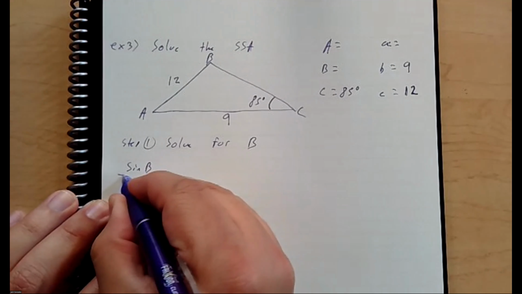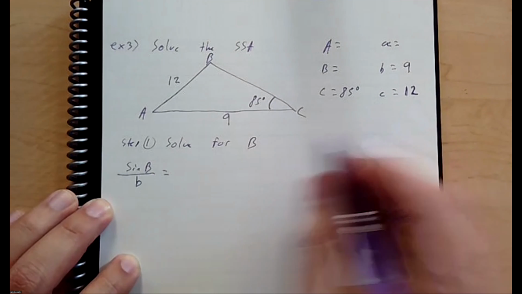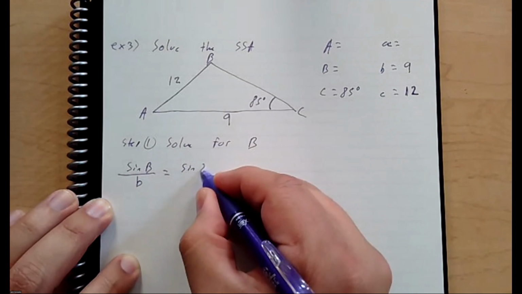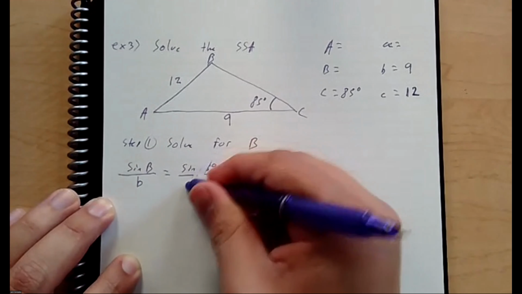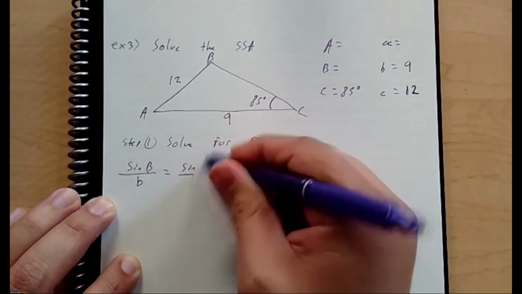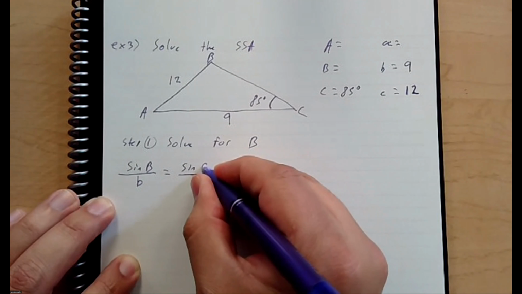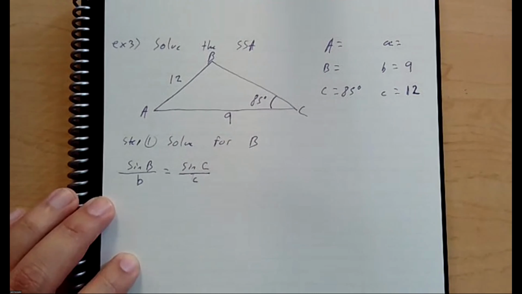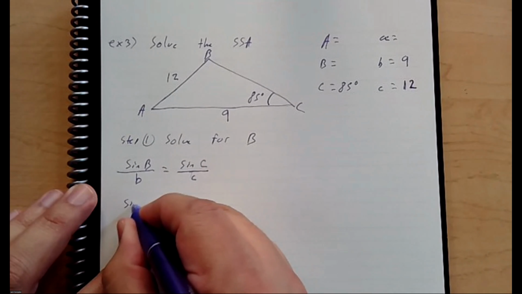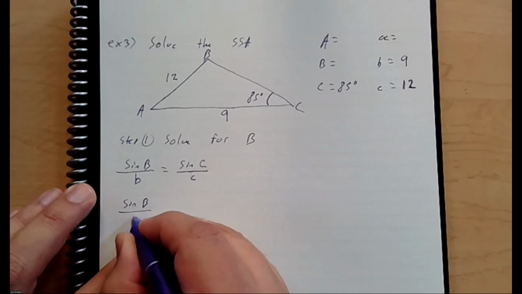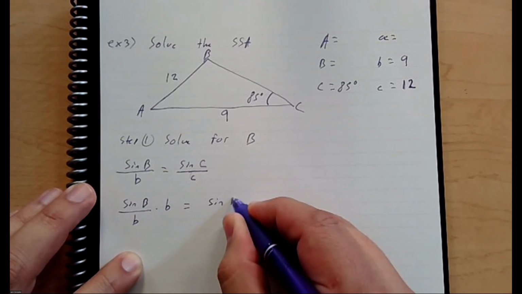So set this one we're trying to find equal to the one that's complete. Okay, multiply both sides by lowercase b, and that will isolate sine.